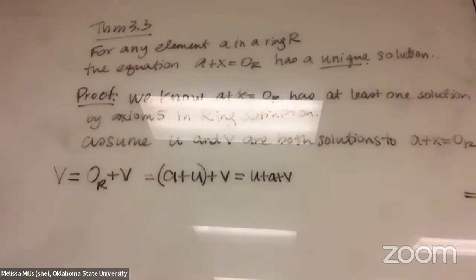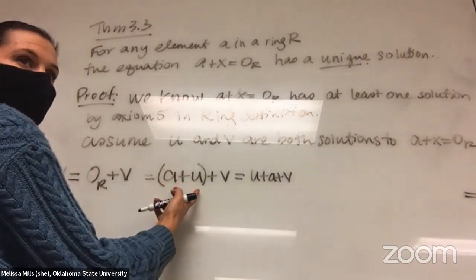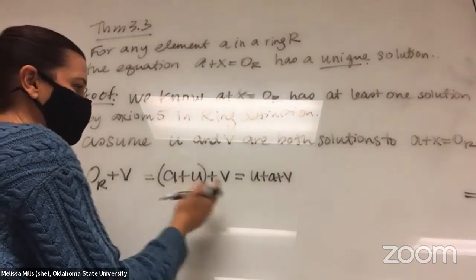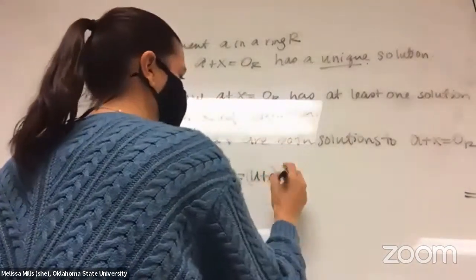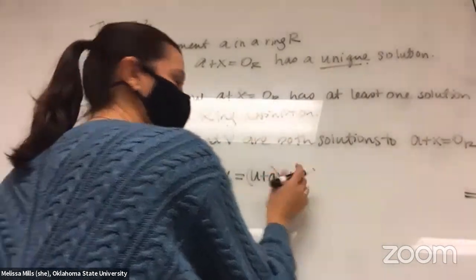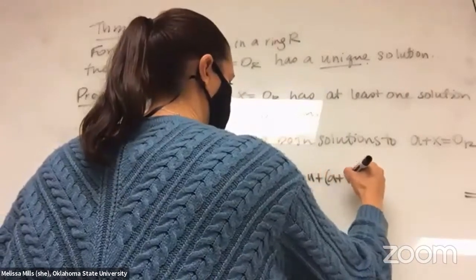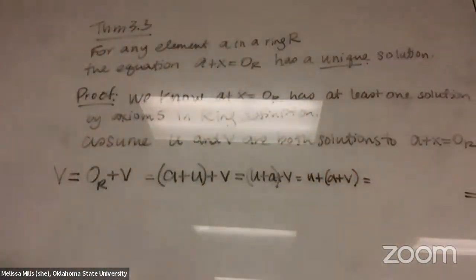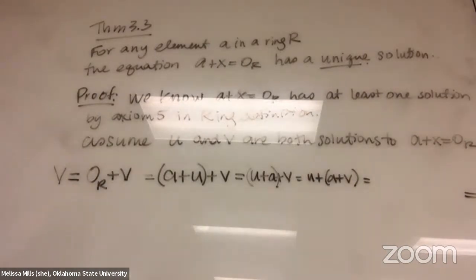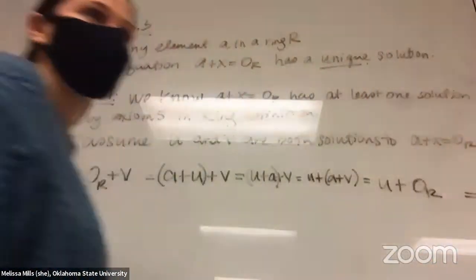Add parentheses back. Okay, wait. You did commutativity of addition, right? Yeah. So we did commutative addition, so we can leave that in parentheses, and then I can do associativity to move it. So U plus A plus B, right? And what's A plus B equal to? 0R, right? So I get U plus 0R, which is equal to U.